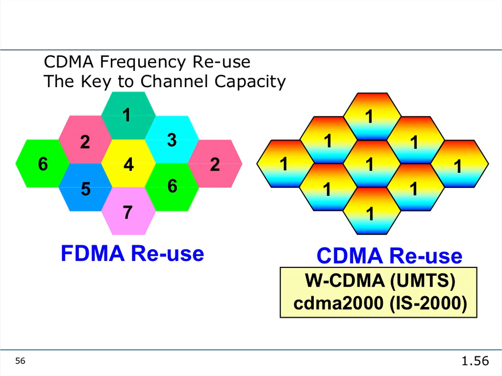Of course, when we talk about FDMA, the frequency reuse causes the fact that we have to split the big spectrum. So we have a huge spectrum. Let's say we have 200 megahertz, or even 2,000 megahertz or something as a full spectrum.